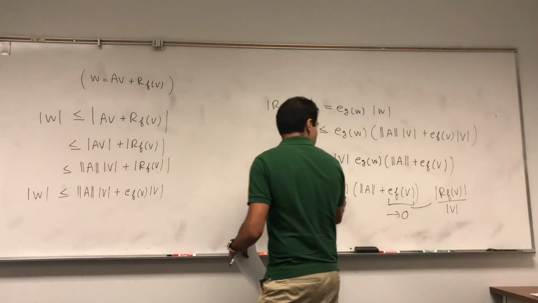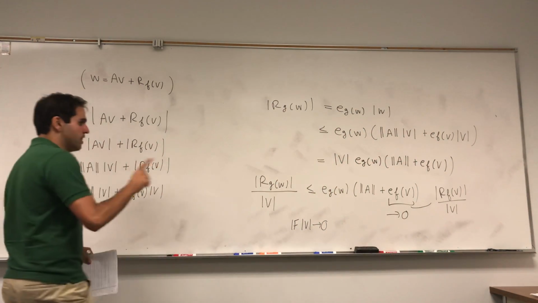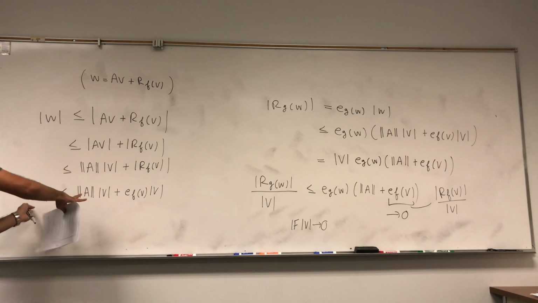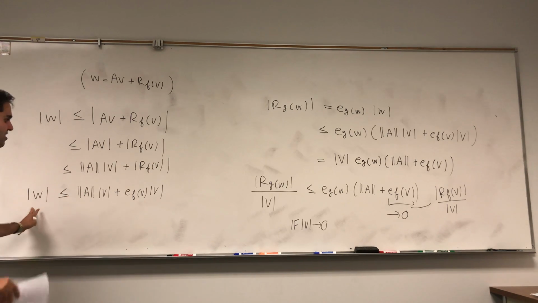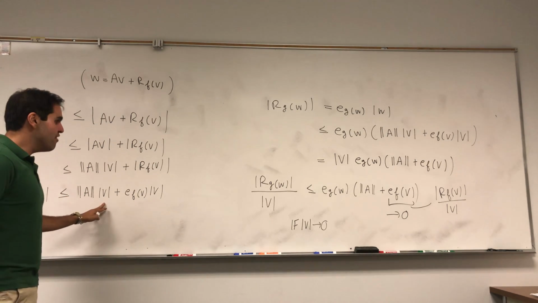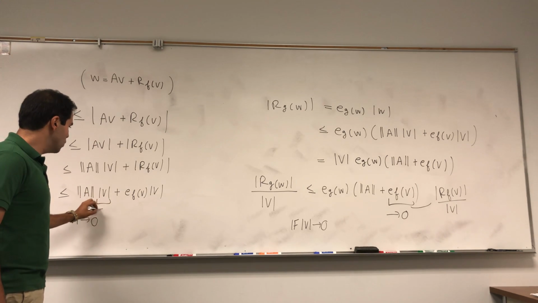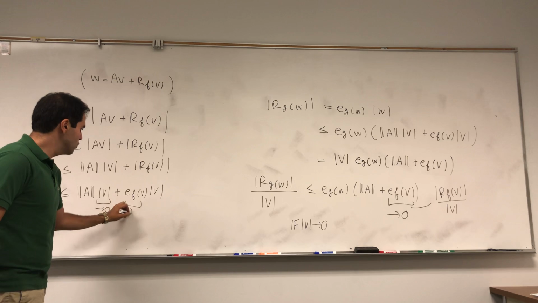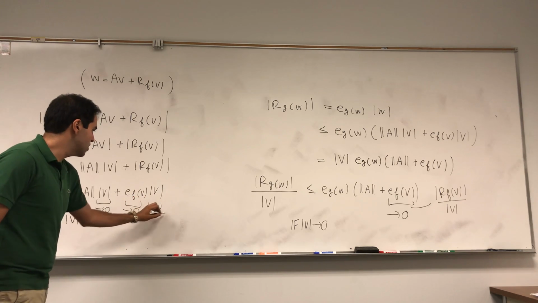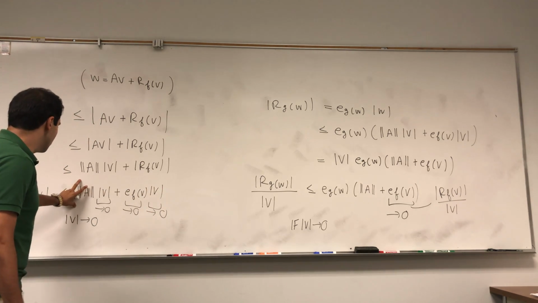Now, maybe this doesn't go to 0, yet it does, because now we use this identity, which is why I haven't erased it. If v goes to 0, this goes to 0, this goes to 0, and this goes to 0. So this whole thing goes to 0.